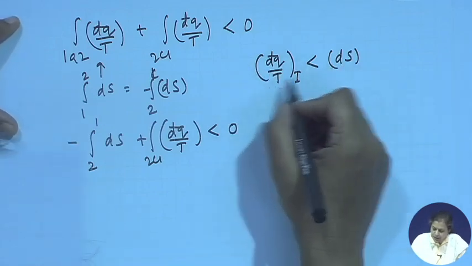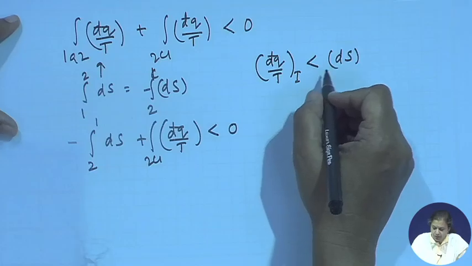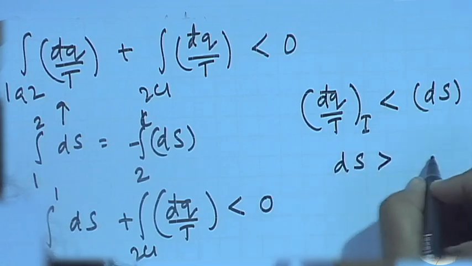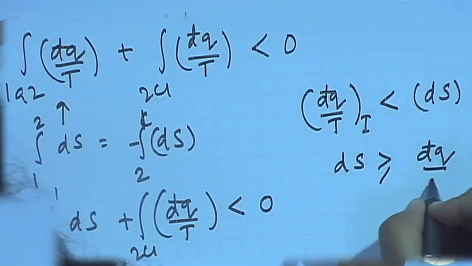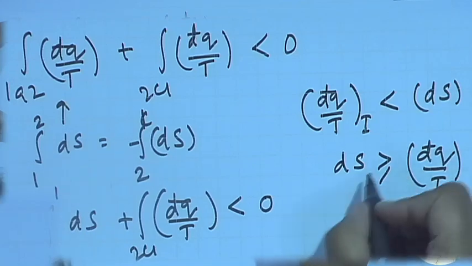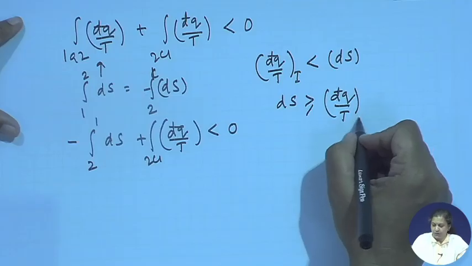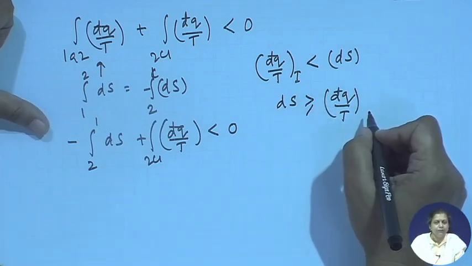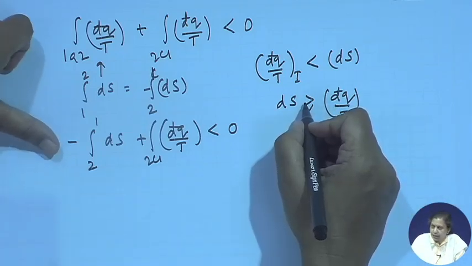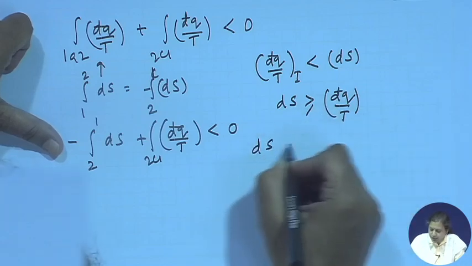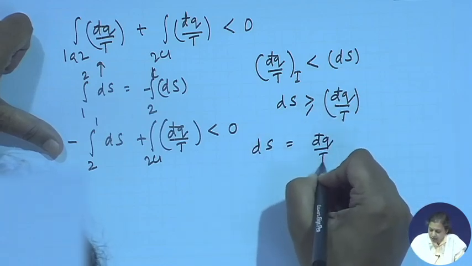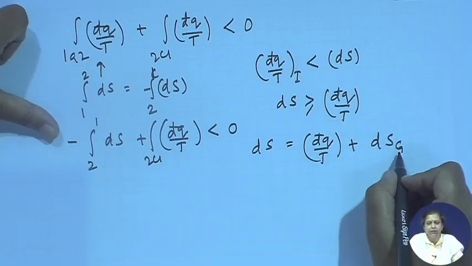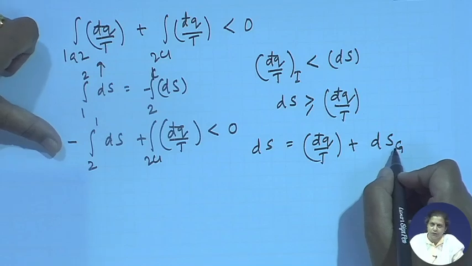So, in this particular case, we find that ds is greater than or equal to dq by T, where the equal to sign holds for a reversible process and the greater than sign holds for an irreversible process. In order to convert this inequality to an equality, we can write it as dq by T plus the amount of entropy generated as a result of irreversibility of the process.